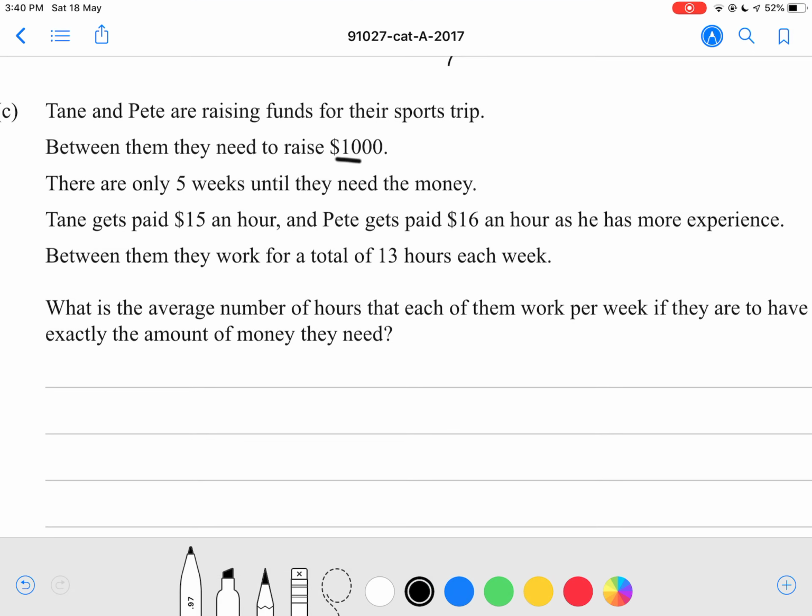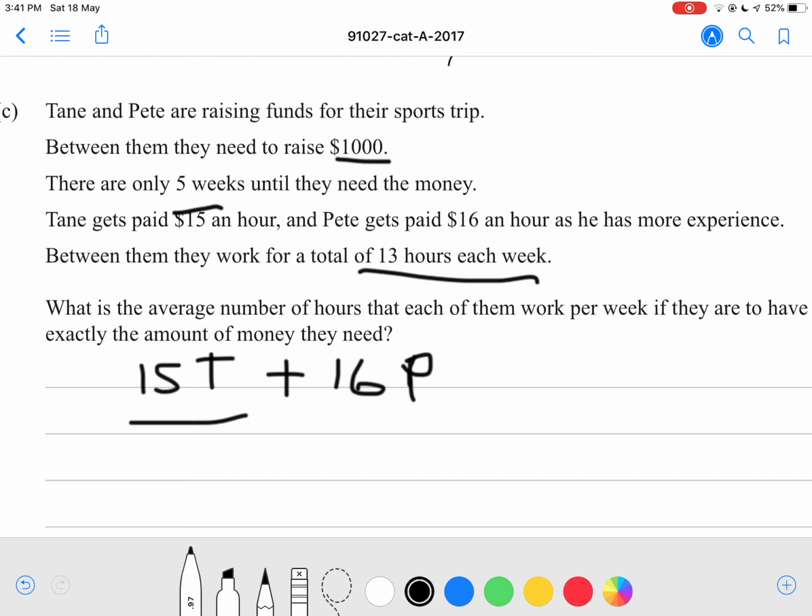So you see they need to raise $1,000. There are 5 weeks until they need to get the money. And they work for a total of 13 hours each week, okay? So basically, 15 times the unknown time for Tane, and then Pete gets paid 16 times his unknown time, so that equals 200 actually.